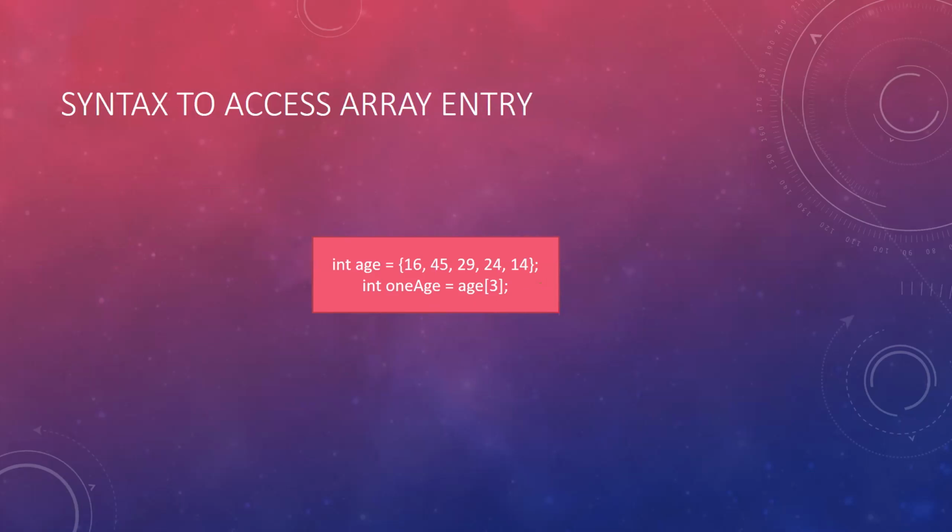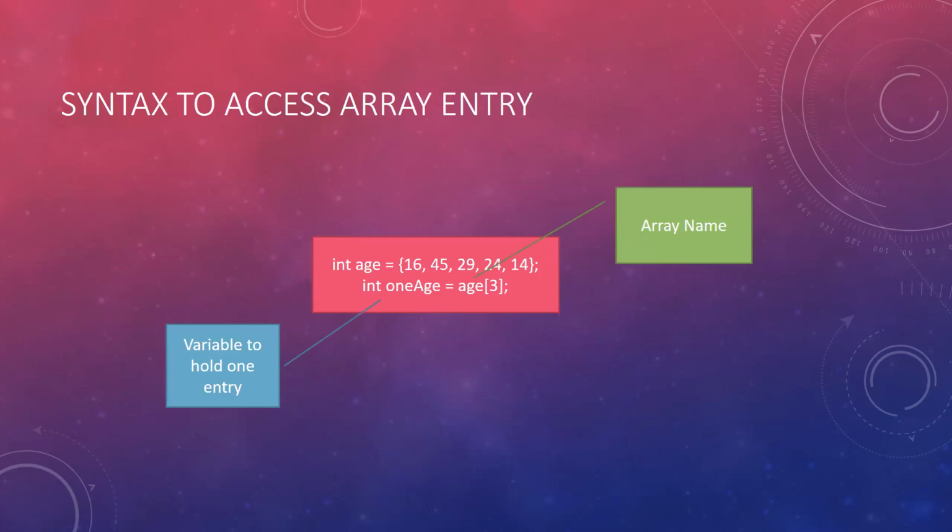So here we have some syntax. We create an array called age, an array of integers. Seems like it's missing some square brackets there. That line of code might be a little bit of a problem. But then we create a variable called oneAge, and we use it to save the entry at index position 3. Because we want to access our array, we're going to use our array name and our index pointer.